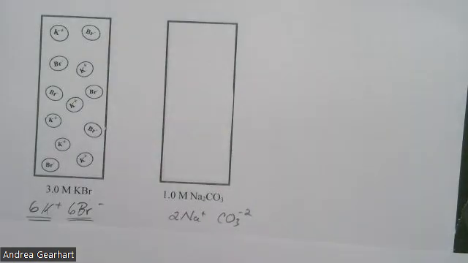Okay. I think it is easier to compare, for initial thinking's sake, these same charged ions. All right. So to represent 3 molar, I have 6 potassiums. Well, for every 1 of these, I get 2 sodium ions.